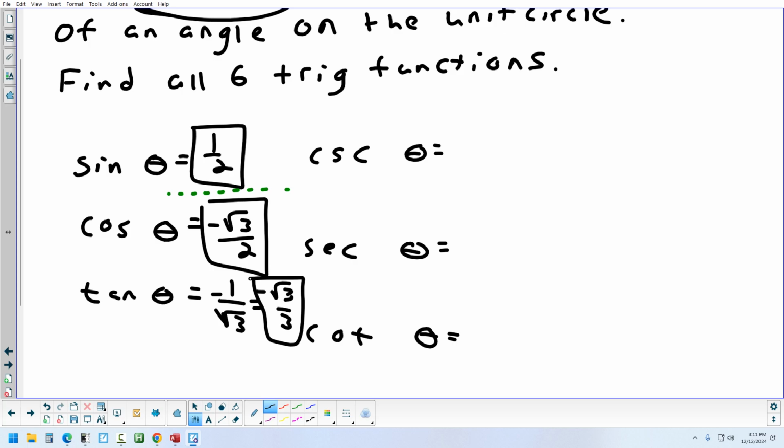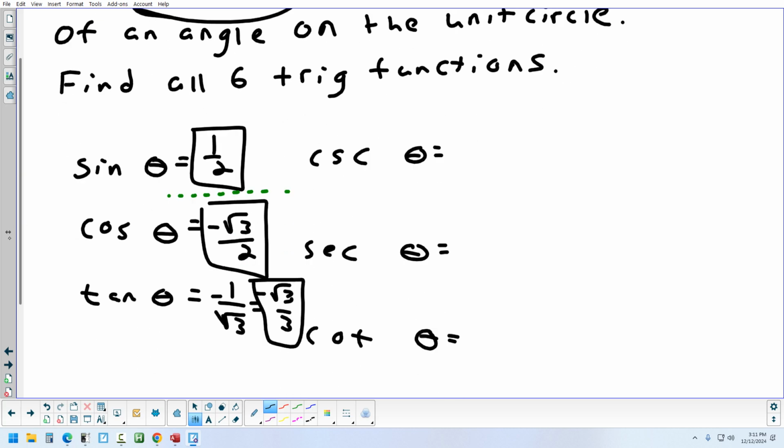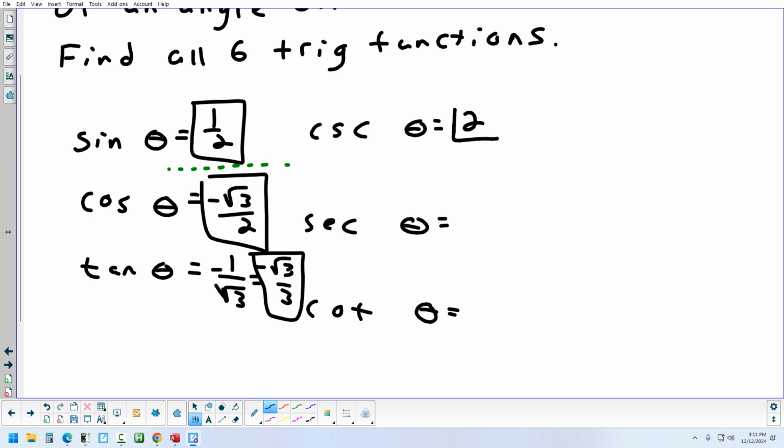So in this case, the cosecant is positive 2. Yep. What's going to be my first step to getting the secant? You don't have to give me the final answer, just the initial step. Just flip it. So it's negative 2 over root 3.